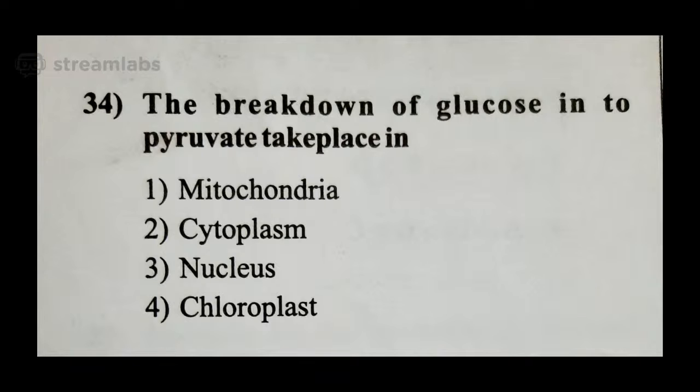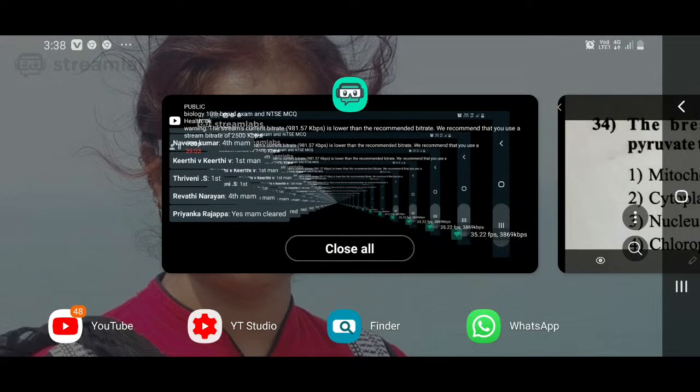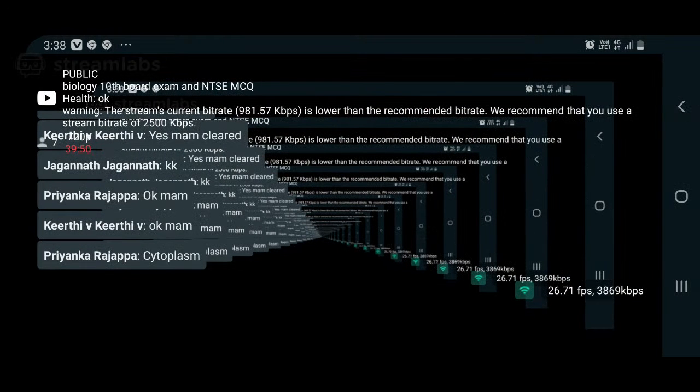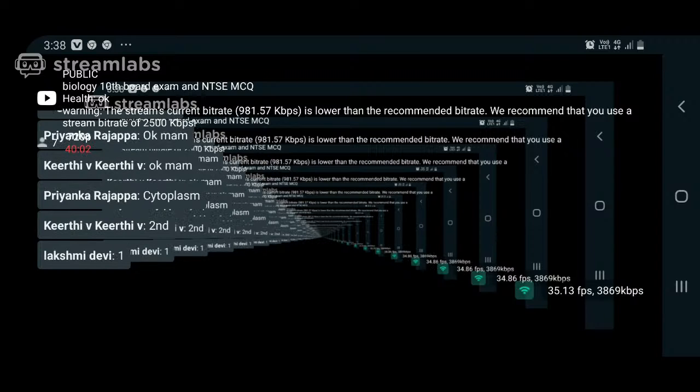Okay, where does it take place? Which part will it take place in? Yes, Priyanka answered correctly. It is the cytoplasm. Cytoplasm is the right answer, where the glucose converts into pyruvate.